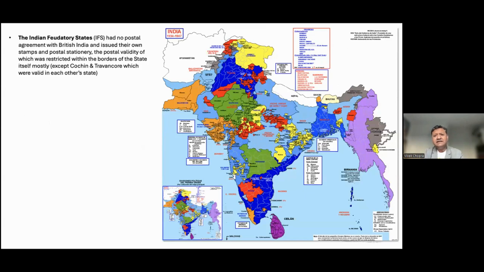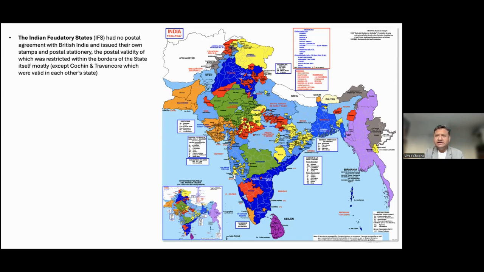This first slide shows the early map of India, because there were many states at that time, many princely states. Sorry for the small print. There are basically two groups of Indian states.